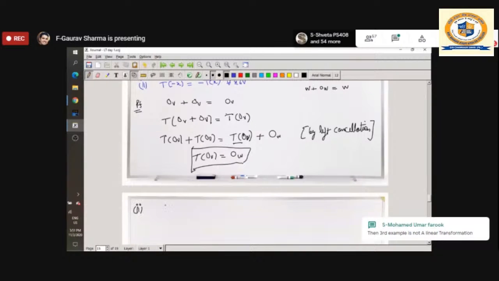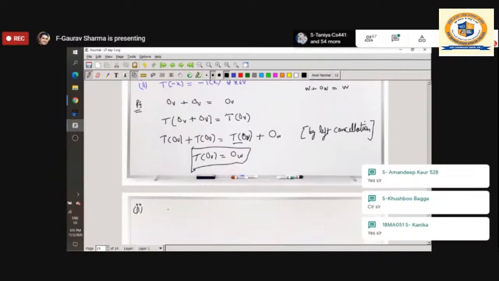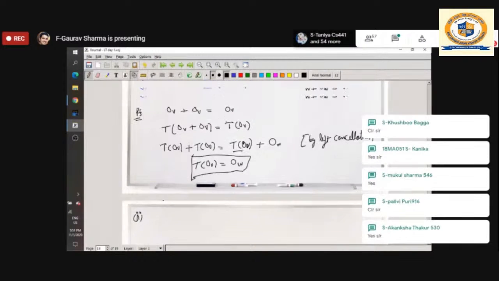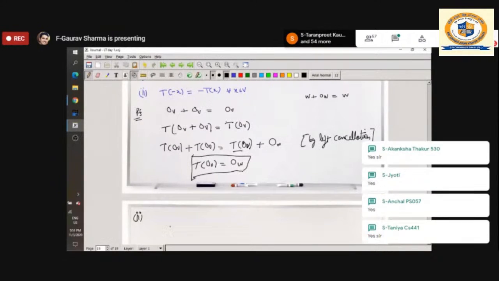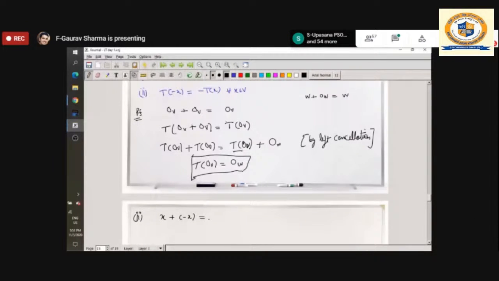So let us move to the second property, that is T of minus x equals minus Tx. As we know, every vector in V has its additive inverse, and if we add a vector with its additive inverse, then what will we get?